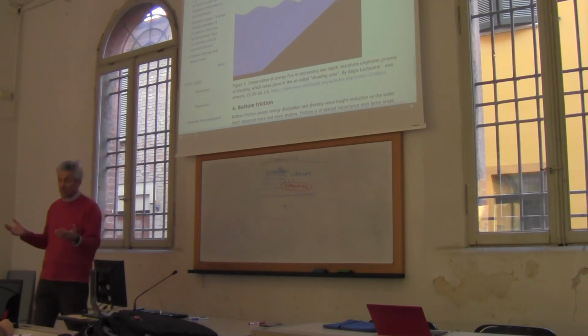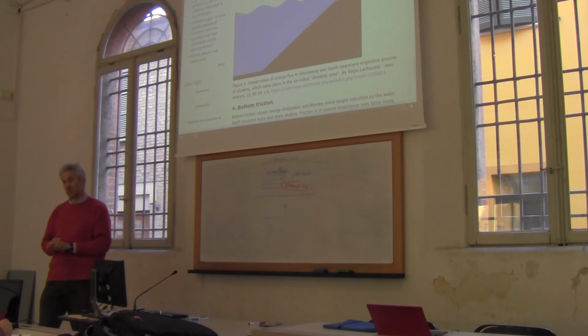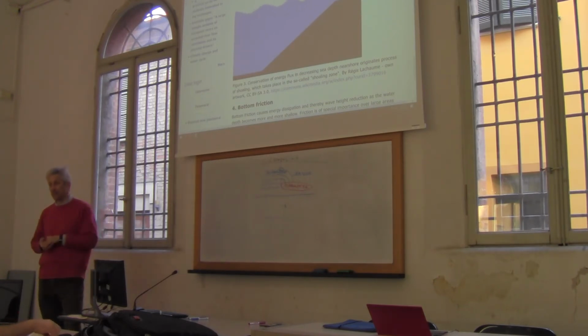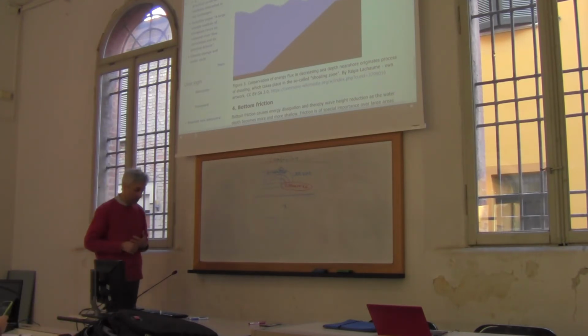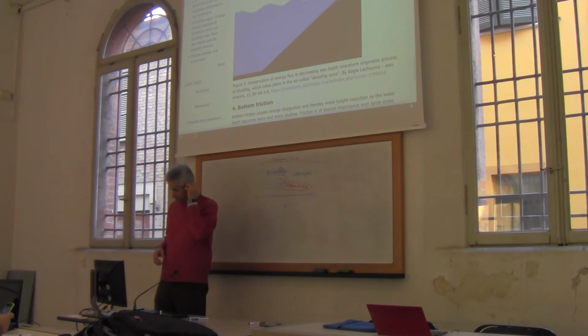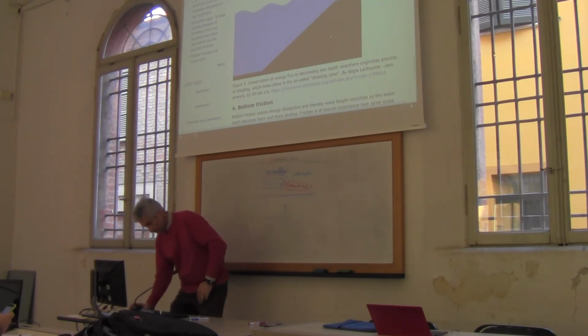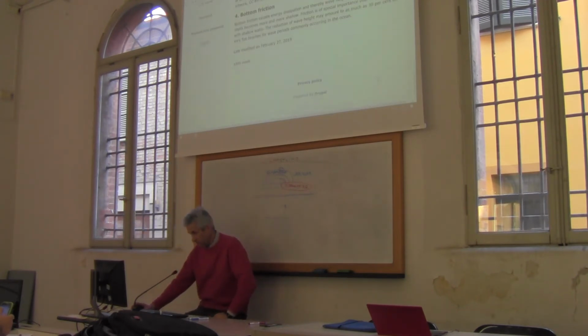Because the movement of mass means that they can surf. Otherwise, they would just go up and down, which is not really fun. And it's called the surf zone. Okay, here there is more mention of bottom friction.